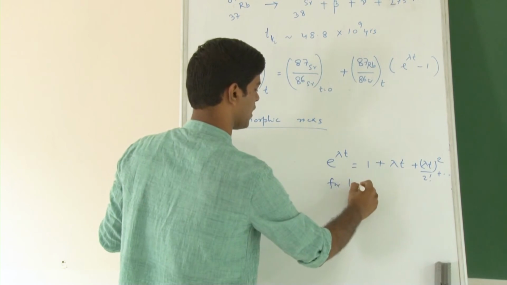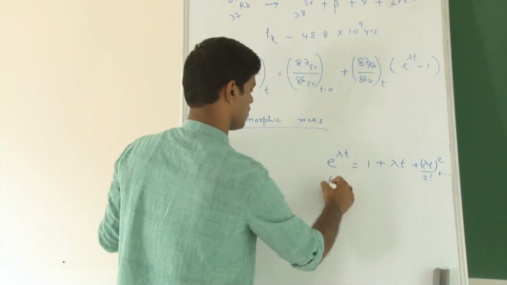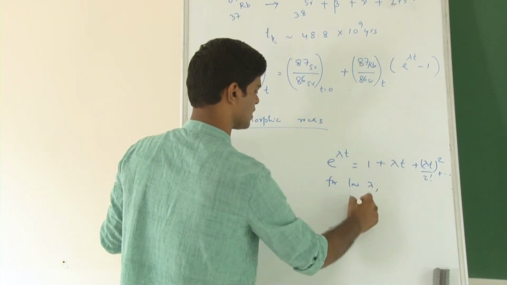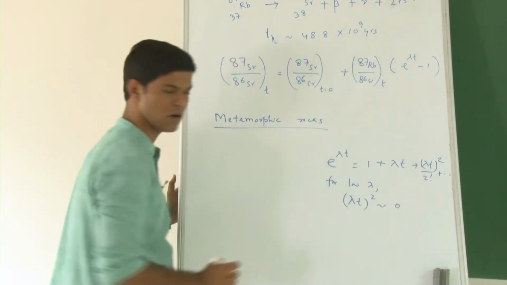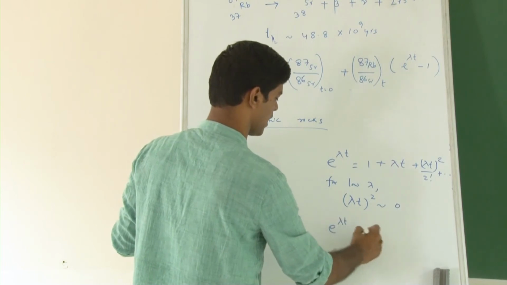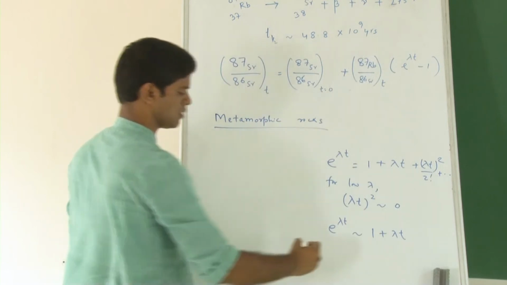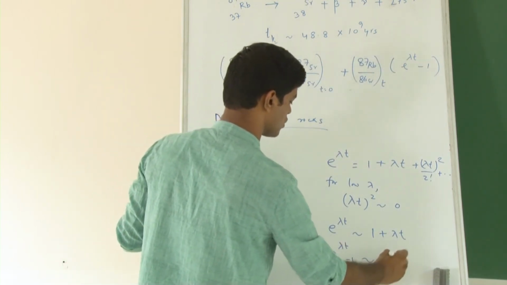For low lambda values, you can assume that the second order or higher orders of lambda are almost equal to 0. In that case, e to the power lambda t can be approximated as 1 plus lambda t. So e to the power lambda t minus 1 basically converts to lambda t.